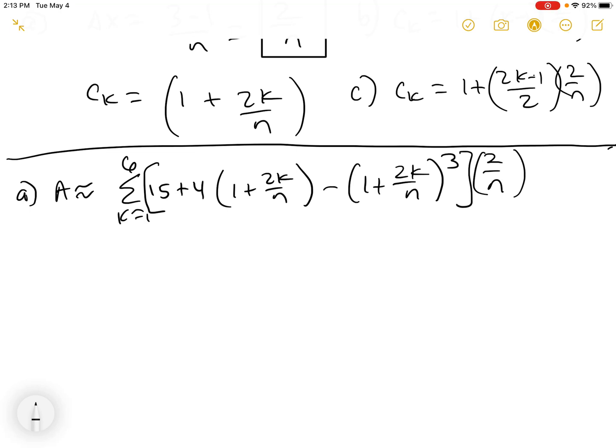Okay, so let's jump into this. I'm going to do this in terms of n. I don't like looking at the 6 there, and in the end we'll just plug in 6. So we have the sum of 15 plus 4 plus 8k over n.